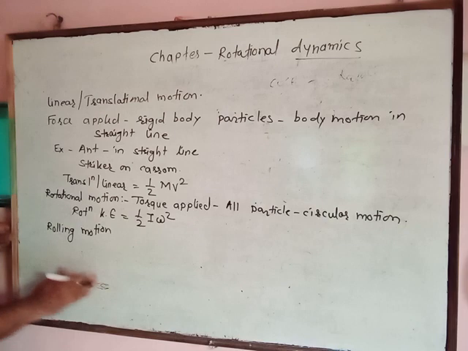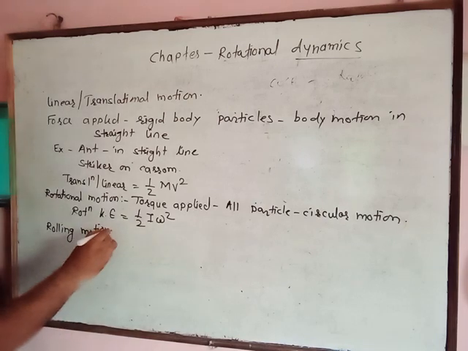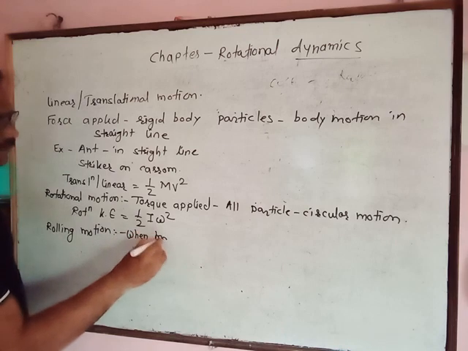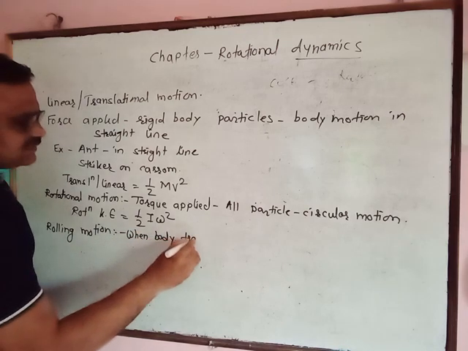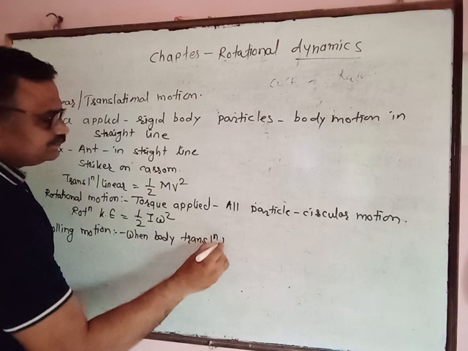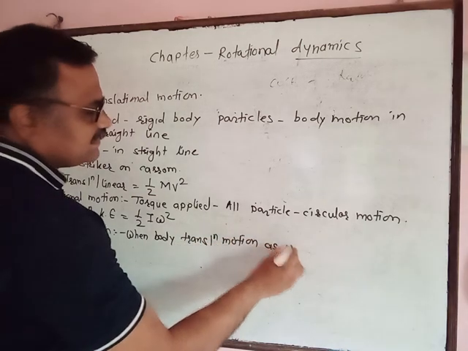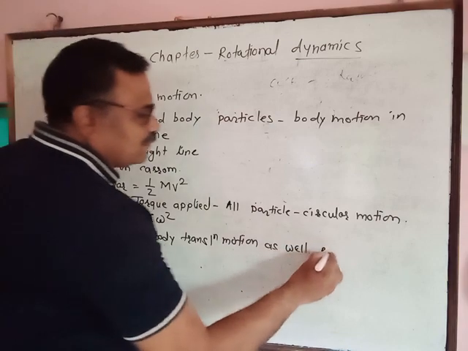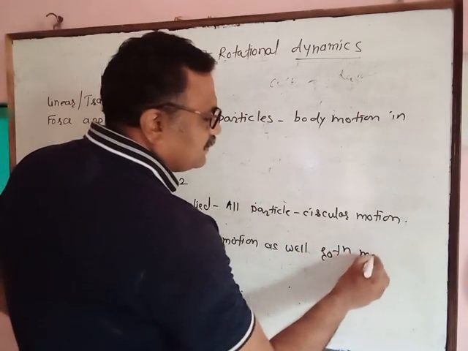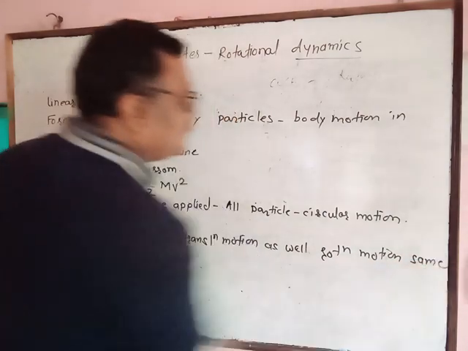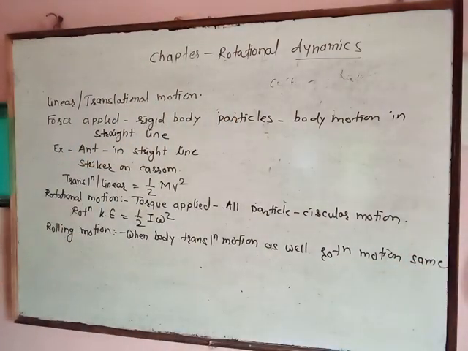Now what is rolling motion? When a body performs translational motion as well as rotational motion at the same time, then such motion of the body is known as rolling motion.